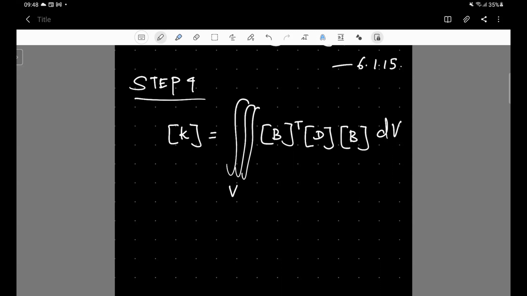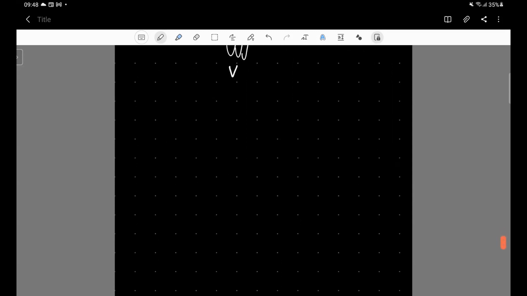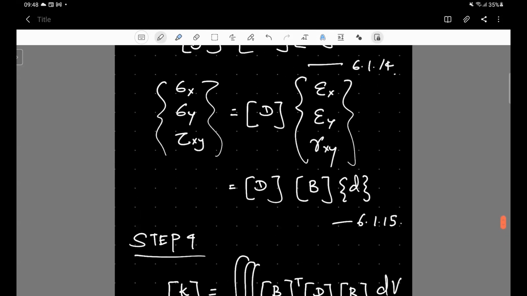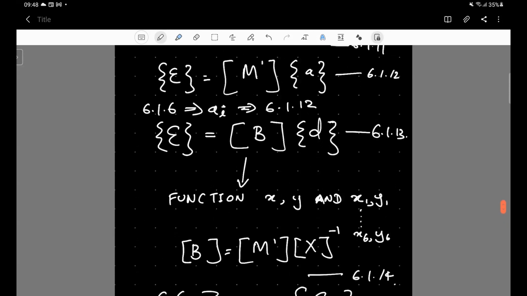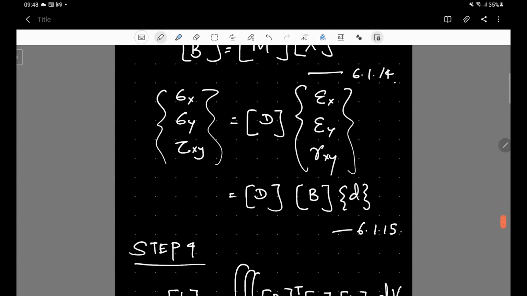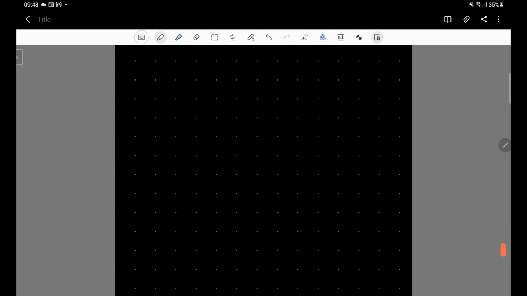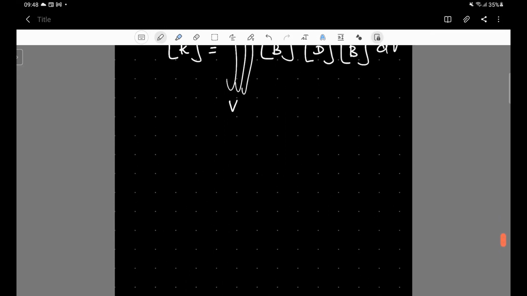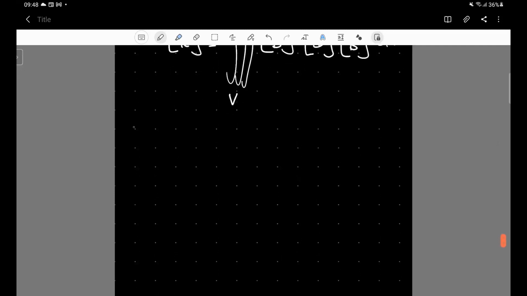So one last equation, of course, maybe two equations before I show what is this B matrix that we're talking about, which we introduced here. Of course, in equation 6.1.14, if you resolve this equation and rearrange the terms or separate the terms, we can define the B matrix to be nothing but a function of the area.